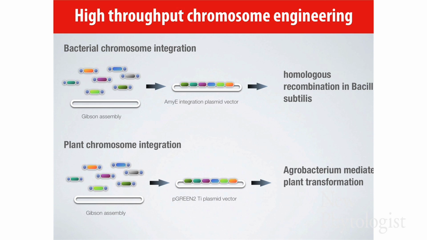This is roughly what we're using here. We seem to be losing a little on our slide here, but we've got these small parts that can be strung together with Gibson assembly, and we use both Bacillus subtilis as one vector and also agrobacterium-based plasmids to generate these systems for chromosomal integration in both the microbial and the plant systems.